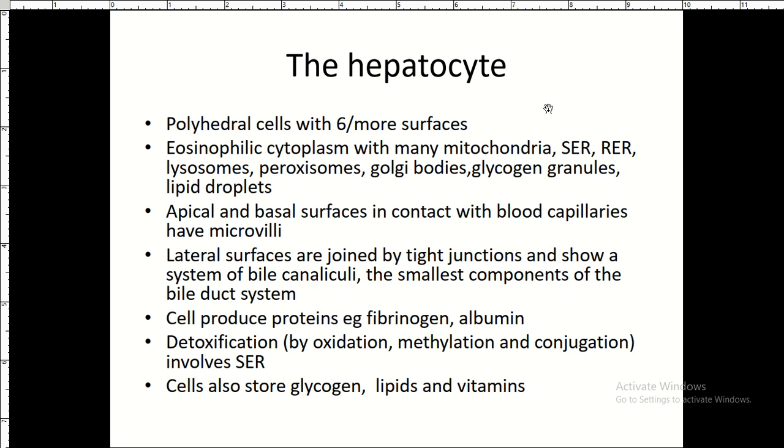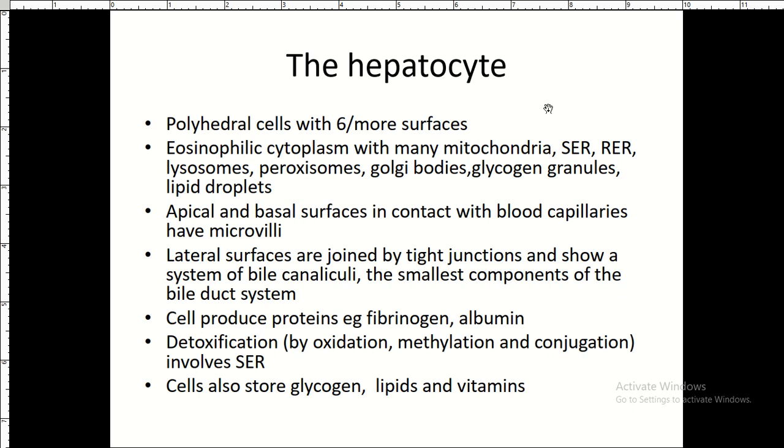The hepatocyte's main function is to secrete proteins. Your clotting proteins like fibrinogen, and your plasma proteins, for example albumin, are all synthesized and secreted by the hepatocytes. They also undergo detoxification by oxidation, methylation, conjugation, and so forth.